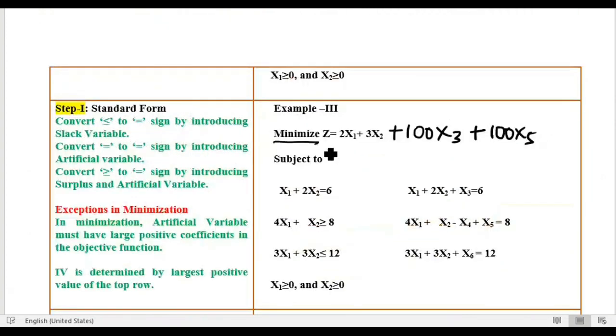So ultimately it will become z minus 2x1 minus 3x2 minus 100 x3 minus 100 x5 equal to 0.